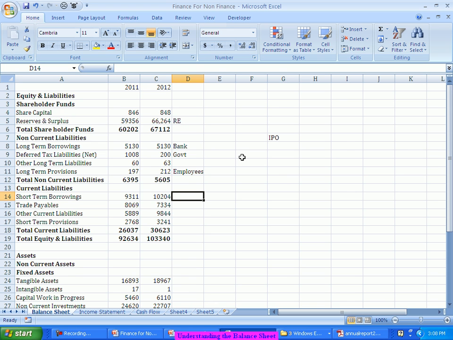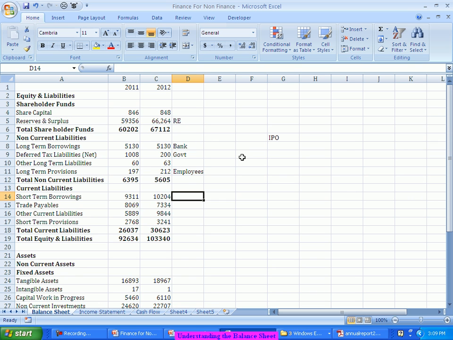Until that time, it's a liability on our part to pay to the bank. That's also a kind of short term borrowing. So all these go as a part of short term borrowings of the company. If at all they haven't repaid anything as on 31st March, they will note it here. So almost 1020 crores was the outstanding short term borrowing of the company during that particular period.